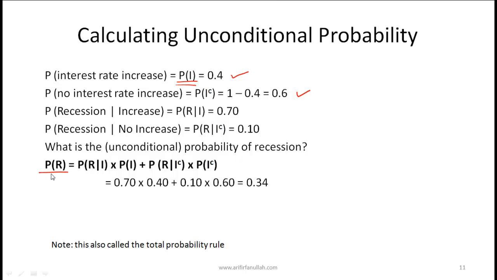The unconditional probability written like this is the probability of a recession given an interest rate increase times the probability of an interest rate increase, plus the probability of a recession given no interest rate increase times the probability of no interest rate increase.